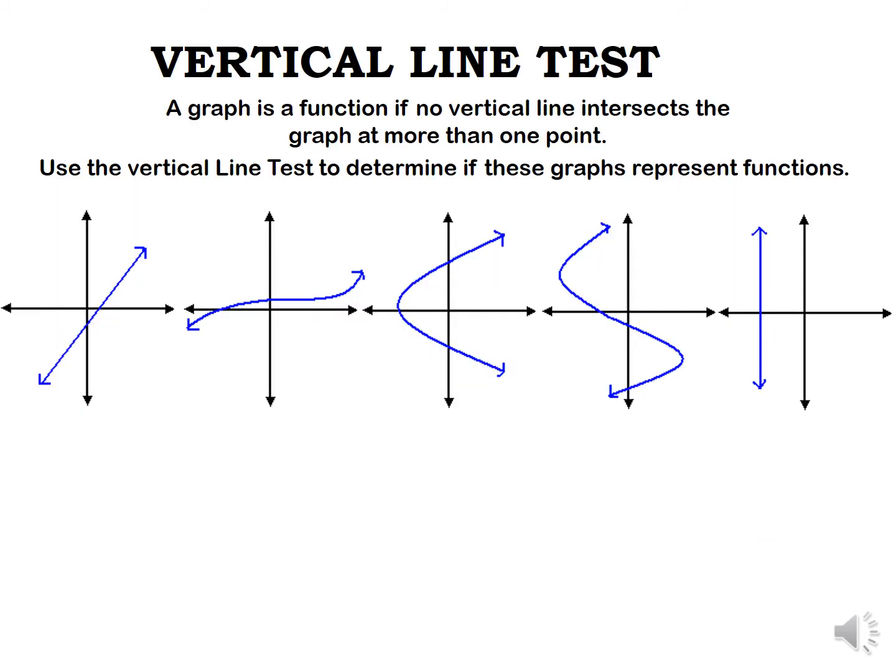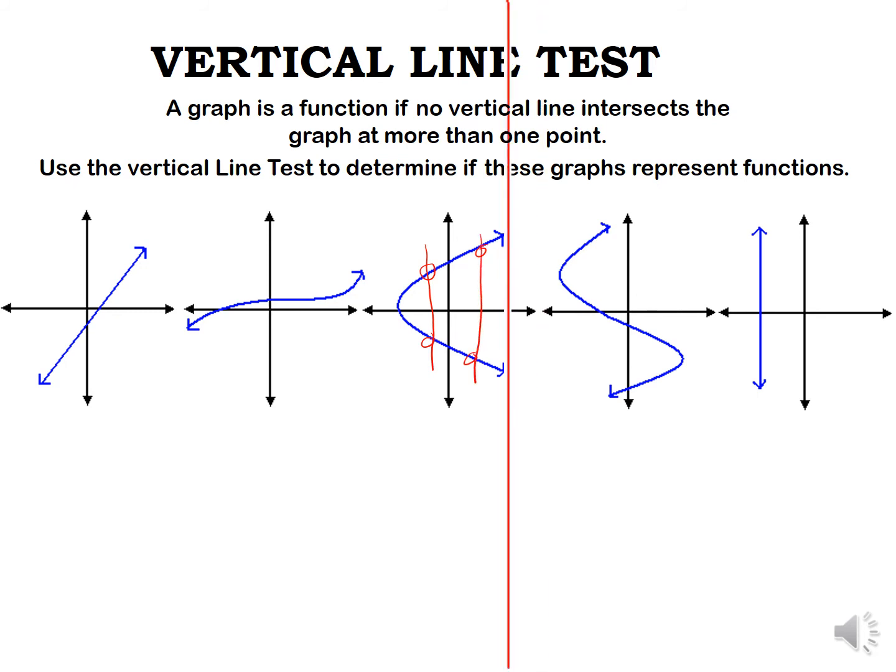So if I use the vertical line test on each of these, let's see what happens. So, yep, that one's a function. Now let's try the next one. Yes, that's a function. But then we try this one, and we saw that it intersected in multiple places, more than once. Okay?